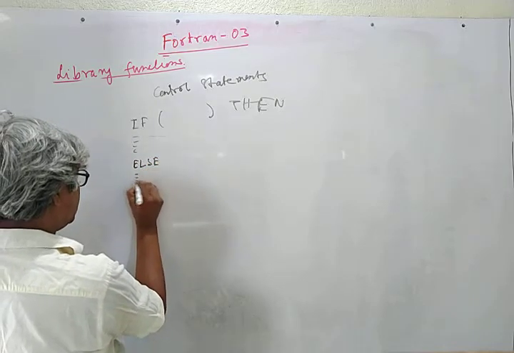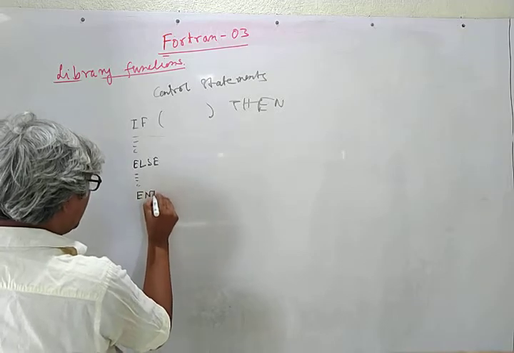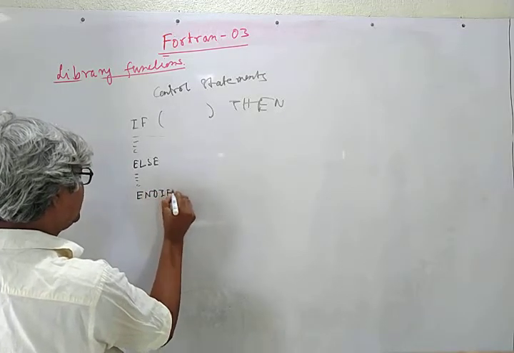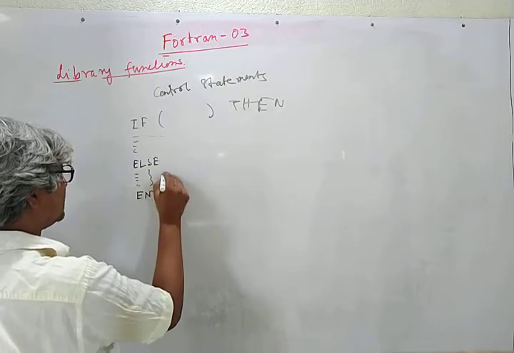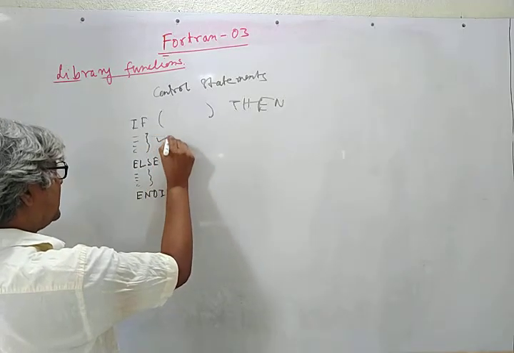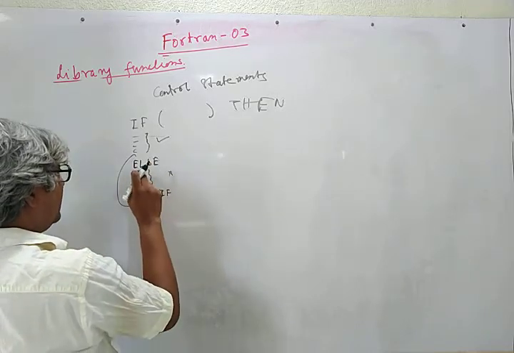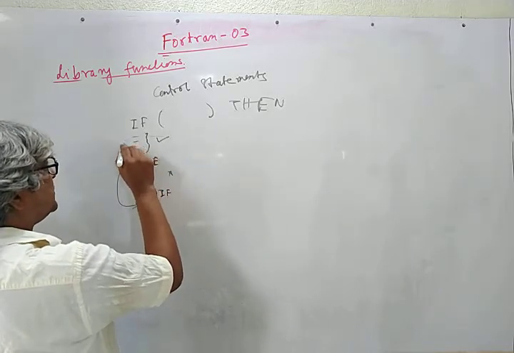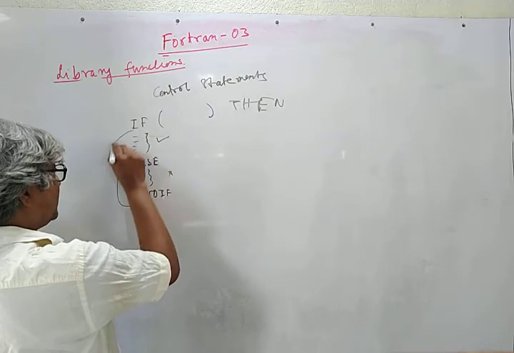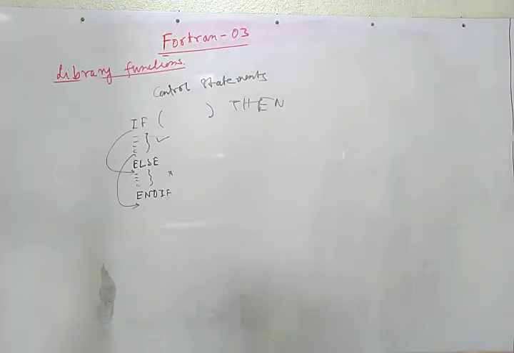When the condition is not satisfied, the lines between else and end if are executed. After this it comes over here. Alternatively, when the condition is not satisfied, the program comes from there to there. So it controls the logical flow.